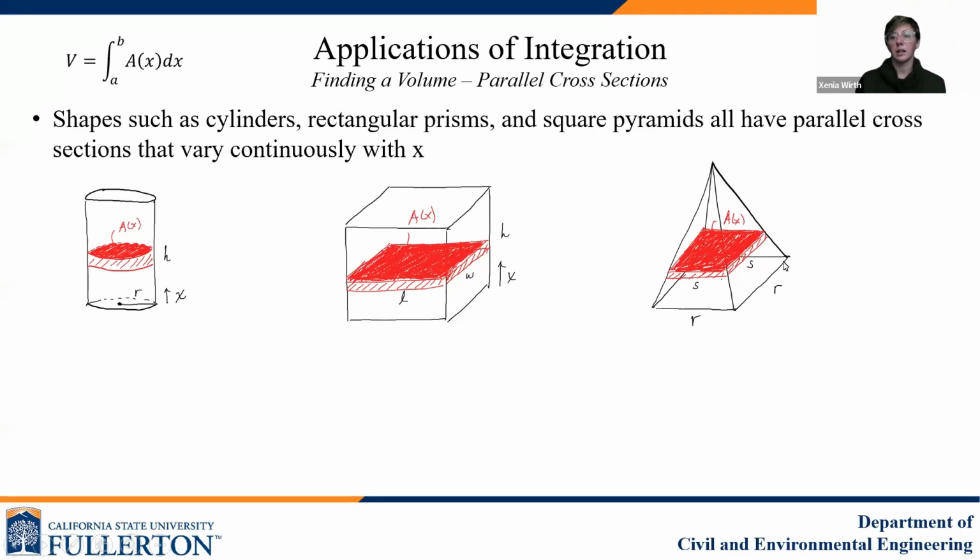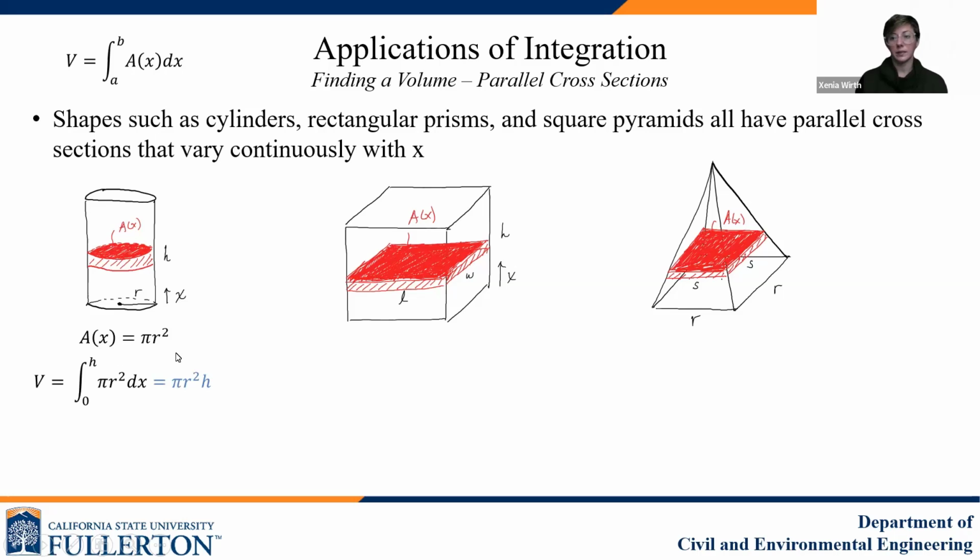The cross-section of the pyramid is a square, but that square changes in size. The sides of the square change in length as you move up the pyramid until it reaches the top. But since this is a cross-section that varies with x, we can integrate in the same way to find the volume. So let's see how we do that for each of these shapes.